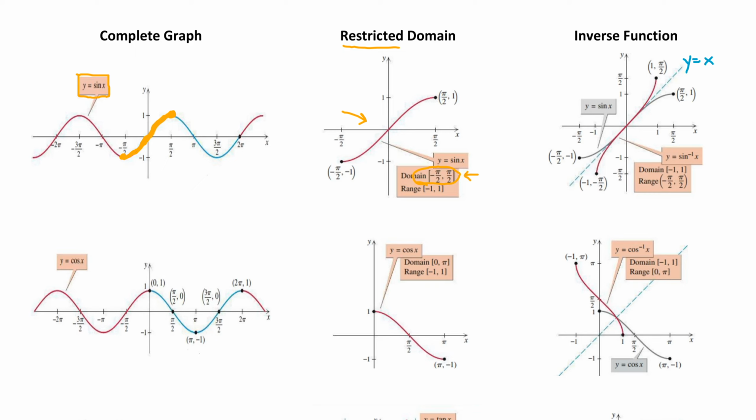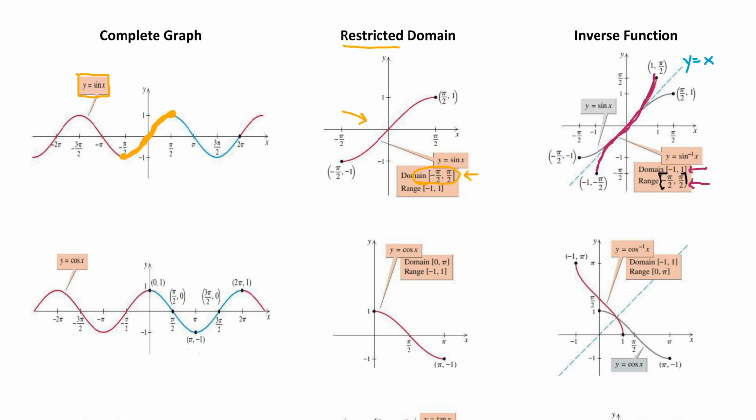So when we take our original sine function with its restricted domain and reflect it across that line y equals x, we obtain the graph of the inverse sine function. Notice the domain of this function goes from x equals -1 to x equals 1, and the range is from -π/2 to π/2. We do need to make a small correction here.